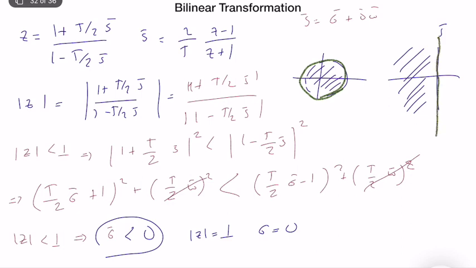These are good because in this transformation, as you can see, we are just covering the important regions. Of course, we need to look at the frequency, but the core idea is the region inside the unit circle is mapped to the open left half plane, and the unit circle is mapped to the imaginary axis. So this is a more useful transformation with respect to the e to the power Ts mapping.